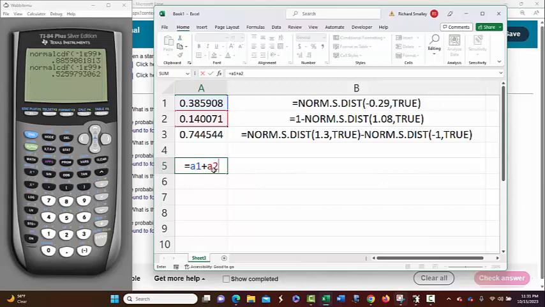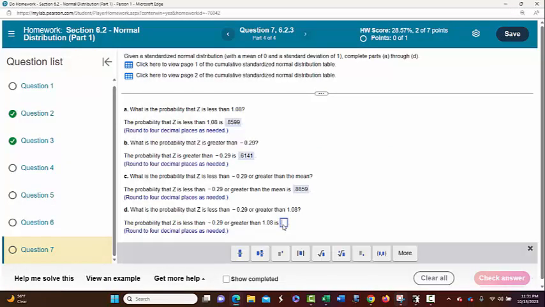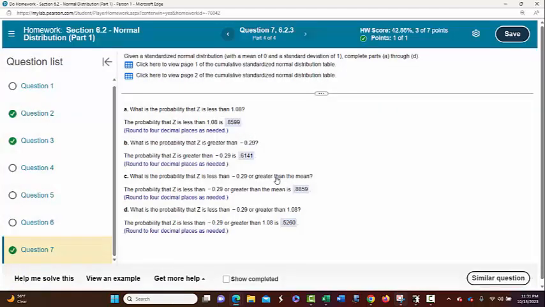I could have written that out in one long command, where I did the first one plus the second one, but we already got it set up like this. If you have to add two things together, just take the numbers and add them together like that. Well, you see that matches the calculator, doesn't it? So 0.5260. Excellent. All right, that concludes this homework for section 6.2, normal distribution, part 1.